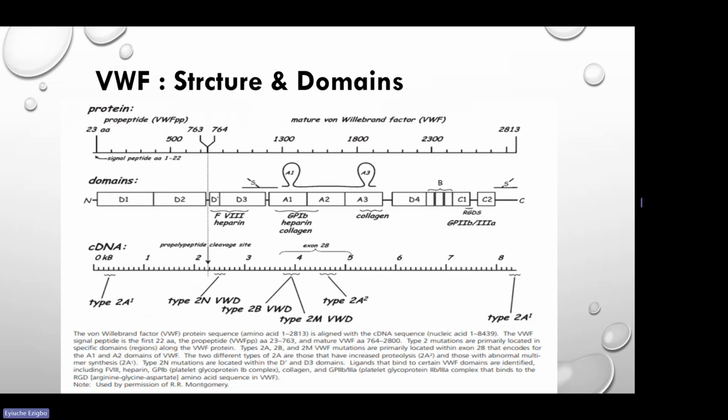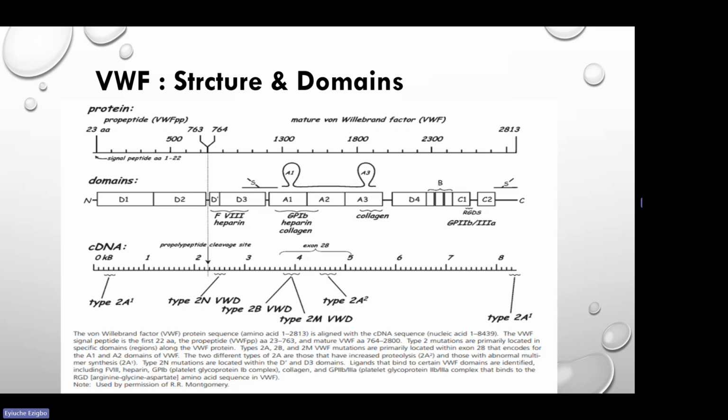So this structure represents the von Willebrand factor, given the genetic domains, the amino acid sequence, and the cDNA sequence also. When you look at the diagrams, the first one is the protein structure of the von Willebrand factor, mapping out various segments.